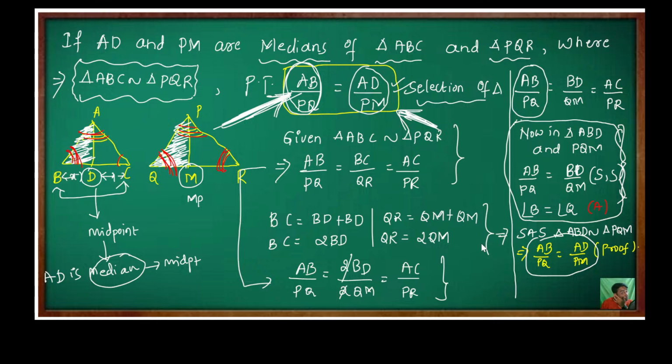This is how we will do the triangle questions. You have to carefully read and mark the given things and what you want, where you have these triangles, and you have to use a lot of geometrical concepts, medians and all. This is very very important.